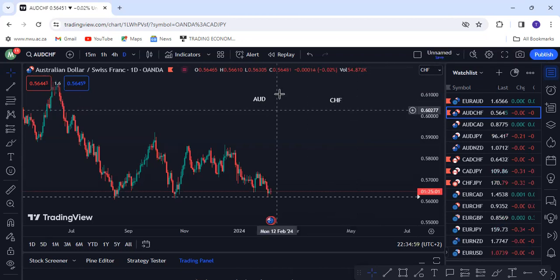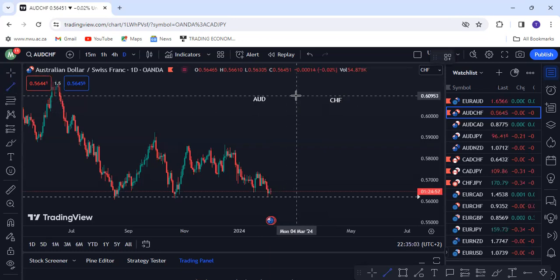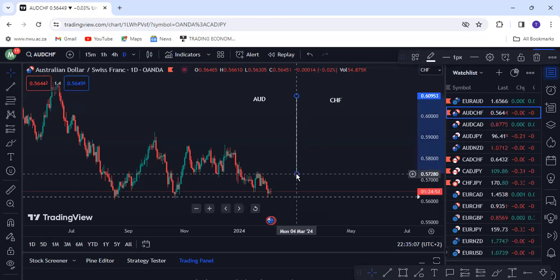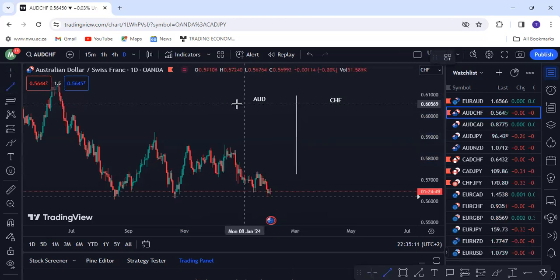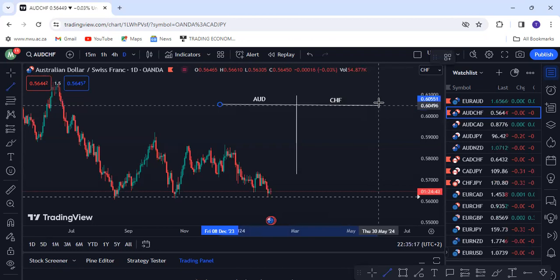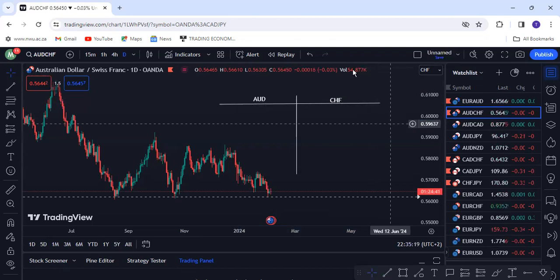Now, we are going to do just a minute of the differentials between these two currency pairs, and I'm going to run through it very quickly. This is what we have: the AUD and the Swiss franc.